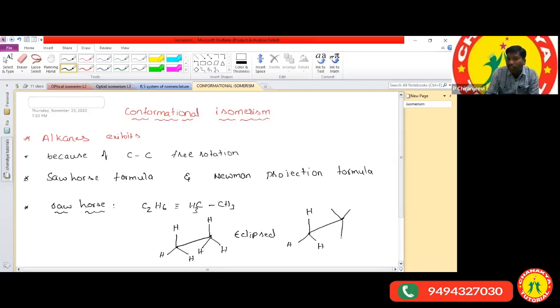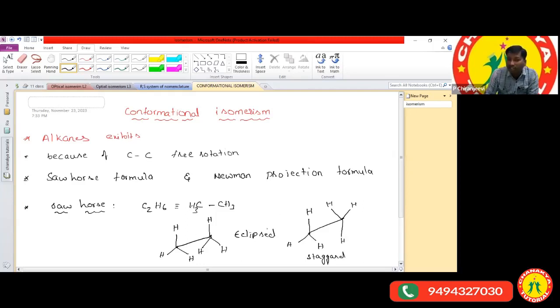The first hydrogen is exactly present in the opposite direction. When the first hydrogen is exactly in the opposite direction, we call that a staggered formation.